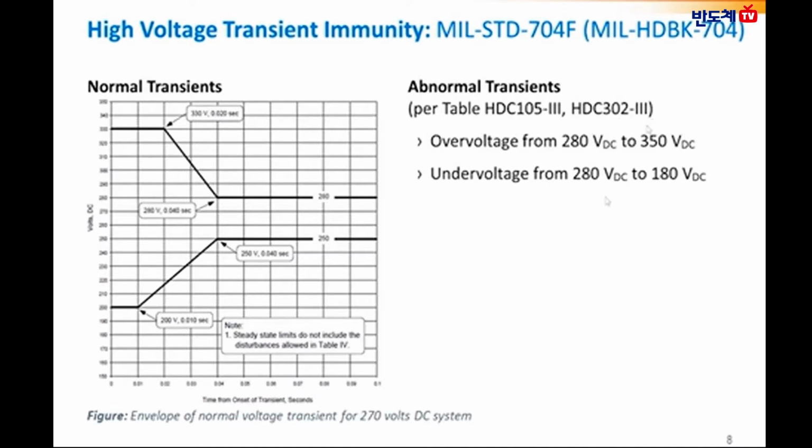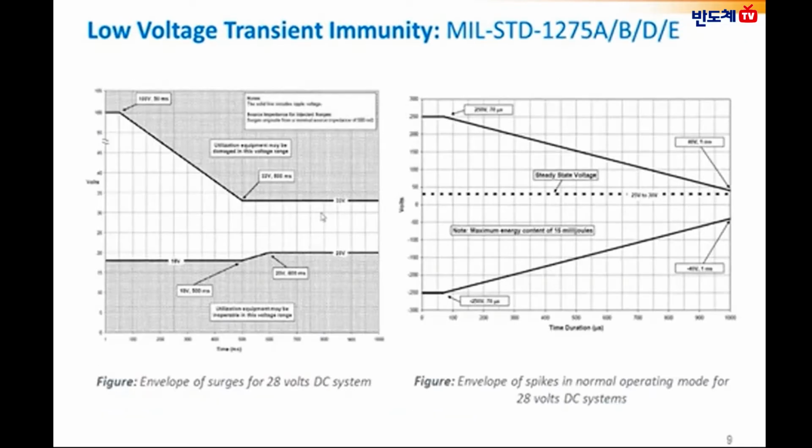The figure on the left shows the envelope of normal voltage transients for a 270 volts DC system with a time duration of 20 milliseconds with an amplitude change from 280 volts to 330 volts DC, whereas the under voltage transient duration is 30 milliseconds with an amplitude change of 200 volts to 250 volts.